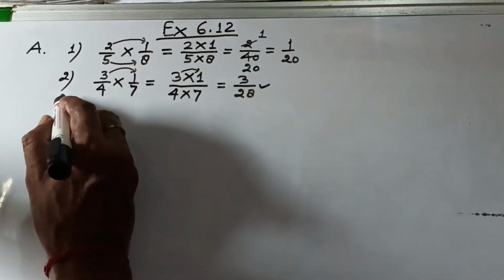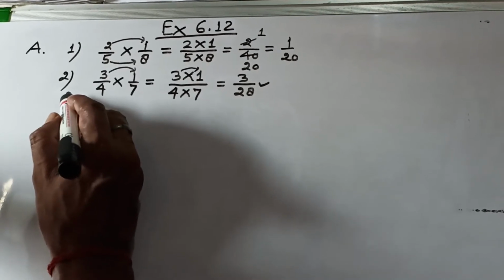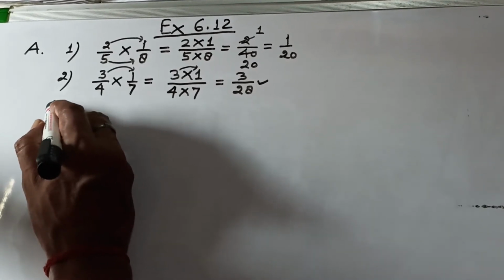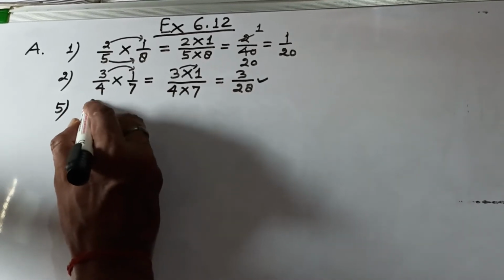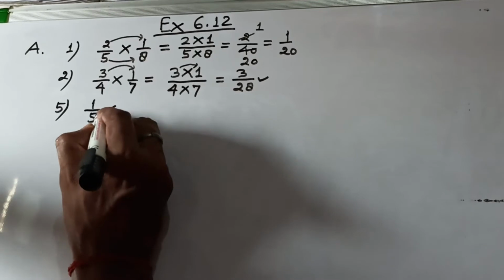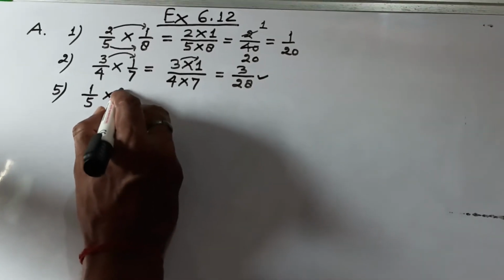Similarly, you can do some parts. I am telling you fifth part. 1 by 5 multiplied by 3 by 4.